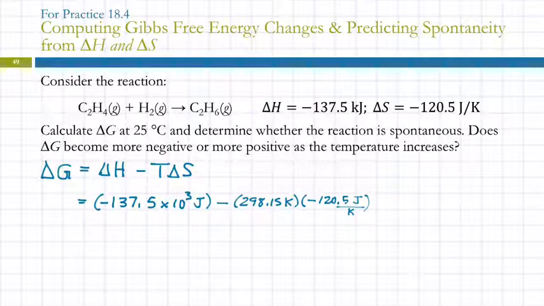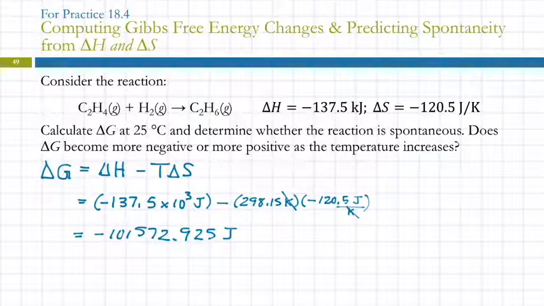I'm getting a really big number, which makes me think, gosh, should have stayed with kilojoules, right? Negative 101,572.925. Might as well just write them all down. And the unit there, because the kelvins cancel, the unit is joules.